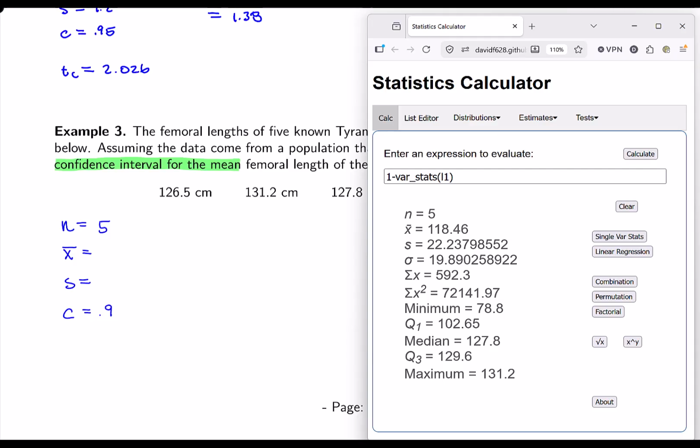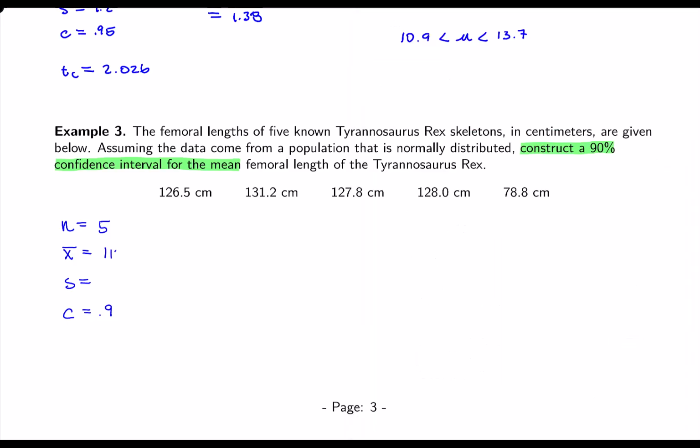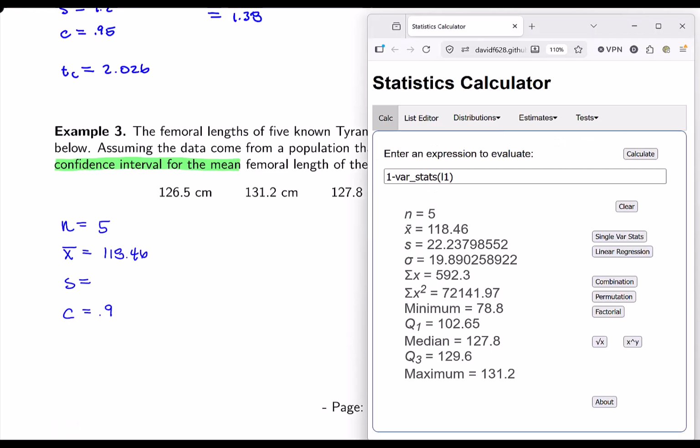So the mean is 118.46, and the standard deviation, make sure you use the sample standard deviation, because it's probably pretty unlikely that this is the entire population of Tyrannosaurus rex that ever existed. It's a sample. All right, so 22.24.